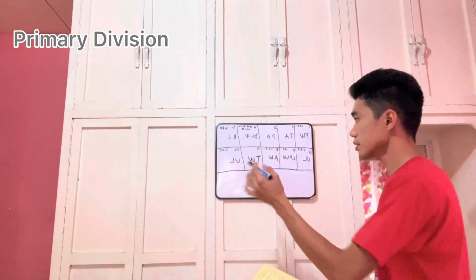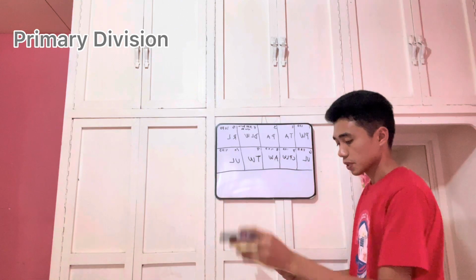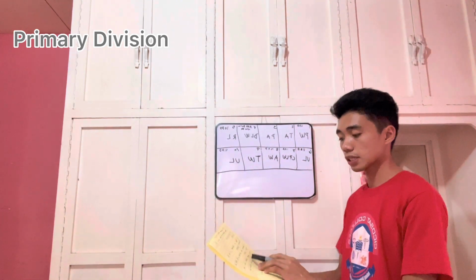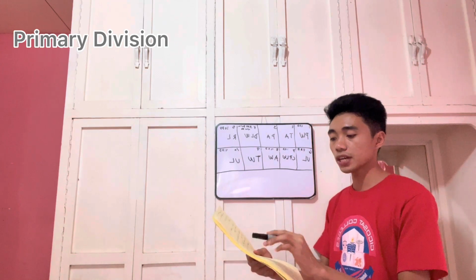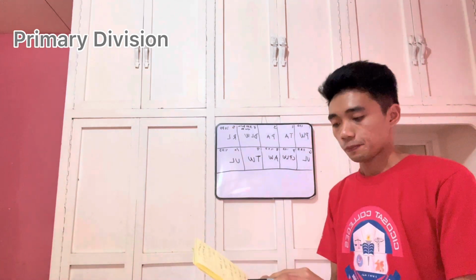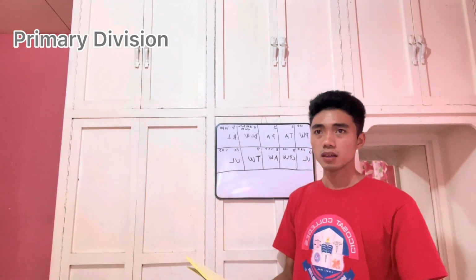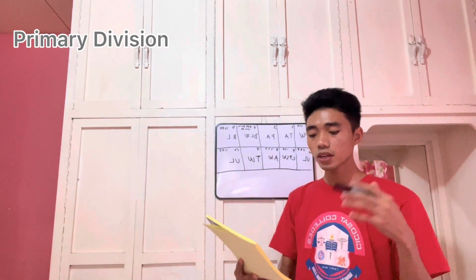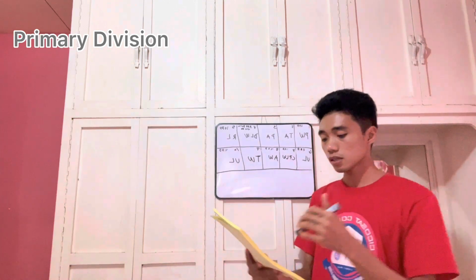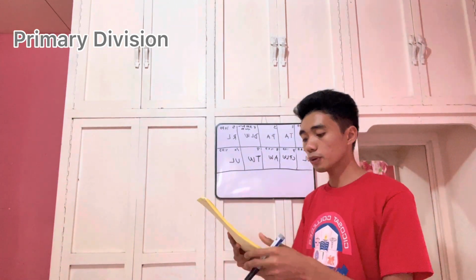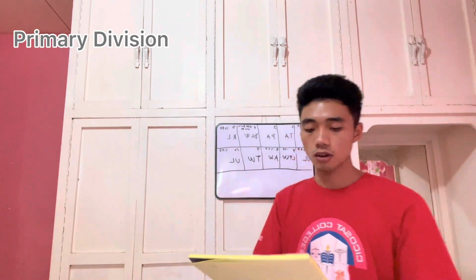So this is my example. What are the whorl patterns? They are plain whorl, central pocket loop whorl, double loop whorl, and accidental whorl.